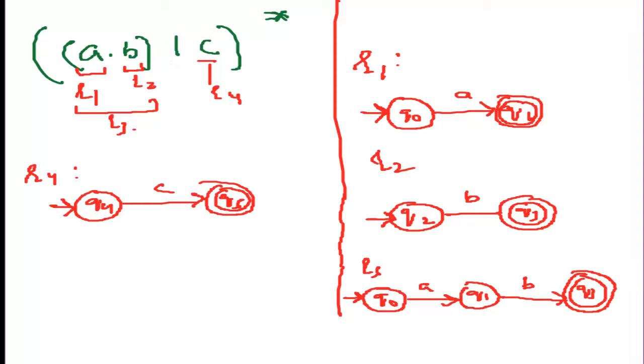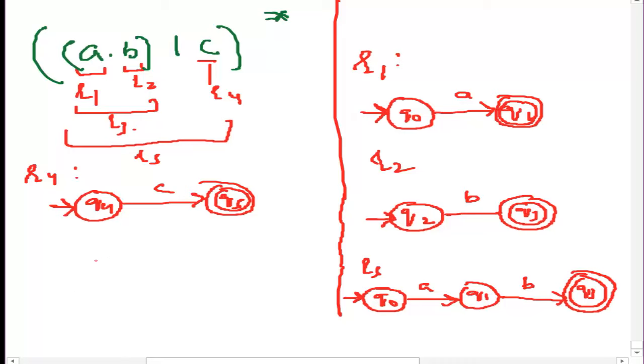So R5 is going to be the OR. Okay, here is the pen. Now R5 will be this whole thing. Now how will we draw our R5? The thing is OR. What does OR do?